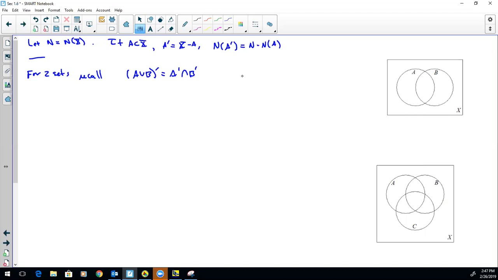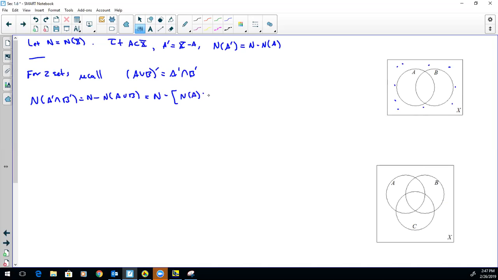So what's not in the union, which is the stuff out here, is the intersection: everything that's not in A and not in B. If we count that up, the number of things that aren't in A and aren't in B at the same time is everything minus the number of things that are in the union of A and B. This is the same thing as N minus, well, what did we have here?